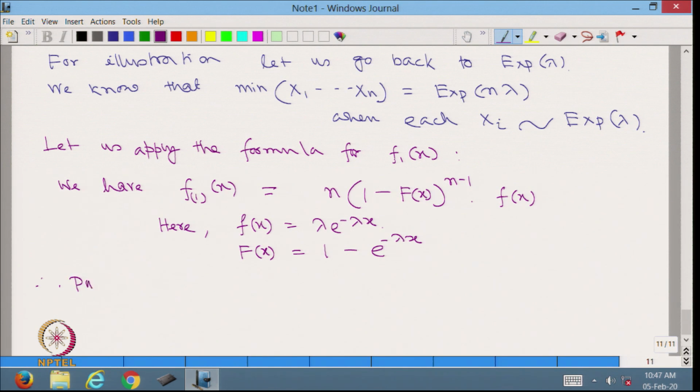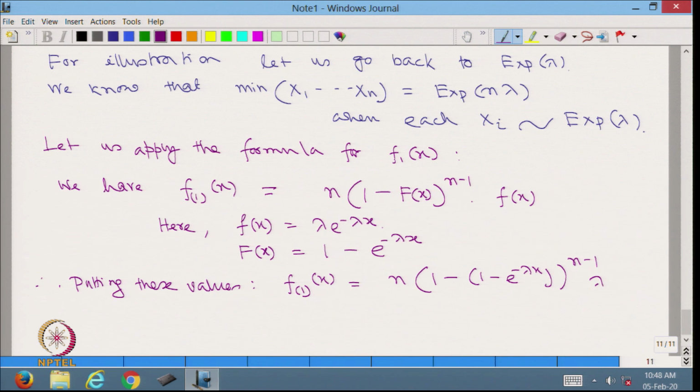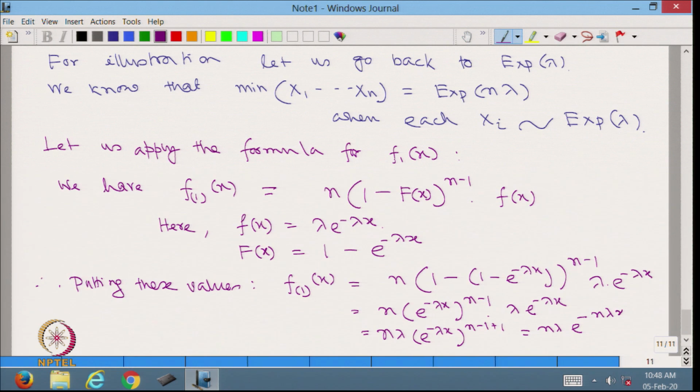Therefore, putting these values, f1(x) is equal to n into (1 minus (1 minus e to the power minus lambda x)) to the power n minus 1 into lambda e to the power minus lambda x, is equal to n lambda into (e to the power minus lambda x) to the power n minus 1 plus 1, is equal to n lambda e to the power minus n lambda x.